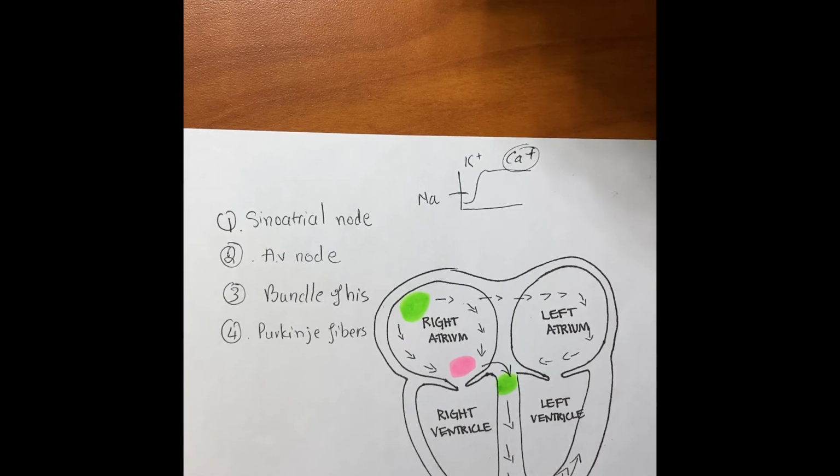The sodium begins to deactivate as the calcium channels open, and those sodium channels stay deactivated for almost the entire length of that plateau. So that also helps with that absolute refractory period.